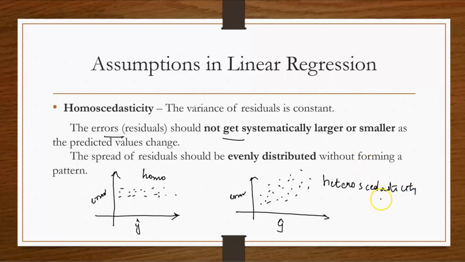So in this case, linear regression modeling will not work properly. That means the spread of residuals should be evenly distributed without forming a pattern. That is, it should not form a pattern, but should be evenly distributed. And if it's getting larger or smaller as y predicted changes, it leads to heteroscedasticity, where the linear regression model may not work properly. Okay.